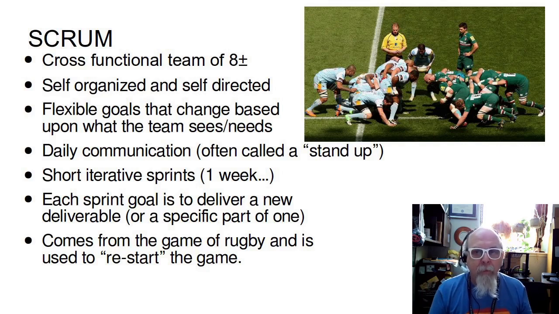That's kind of what's been found to be the optimal size, but they can be a little bigger or smaller. A Scrum team is self-organized and self-directed, and they have flexible goals that change based upon whatever we see needs to happen. The team may see that a problem is coming up, and they're going to pivot towards it.